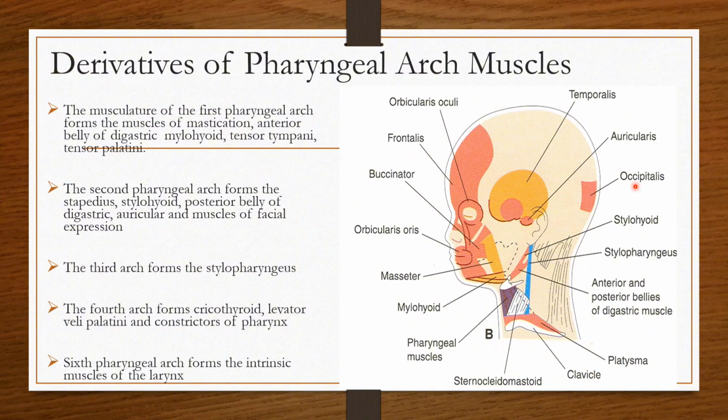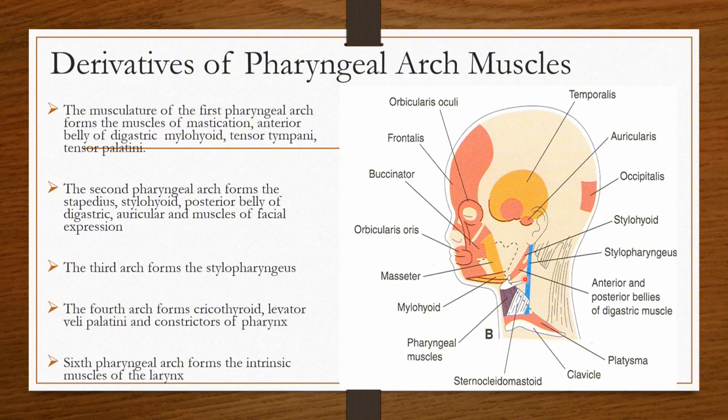So these are formed from the second pharyngeal arch, and also very important is the posterior belly of the digastric muscle. Remember please, anterior belly of the digastric is formed by the first pharyngeal arch and posterior belly of the digastric muscle is formed from the second pharyngeal arch.